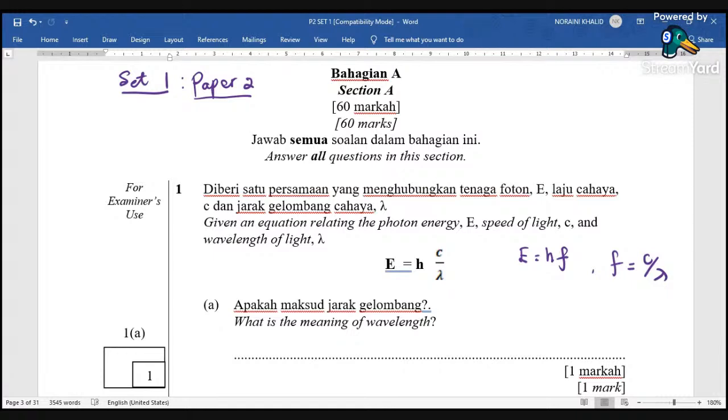Okay, what is the meaning of wavelength? Definition for wavelength. Okay, so we have more than one, just take one definition. Distance between two consecutive crests or trough.